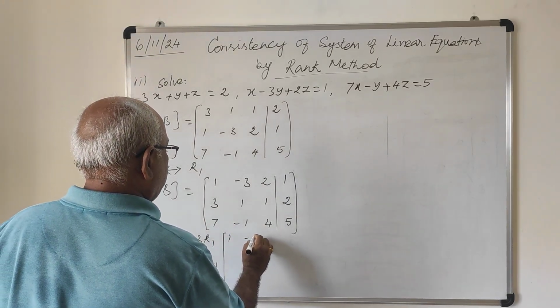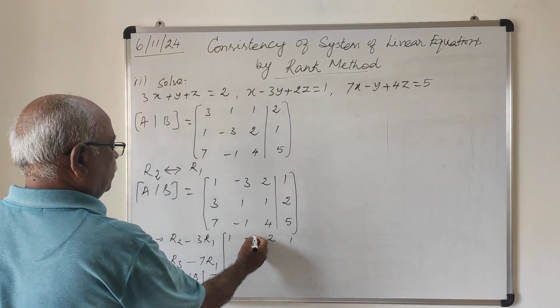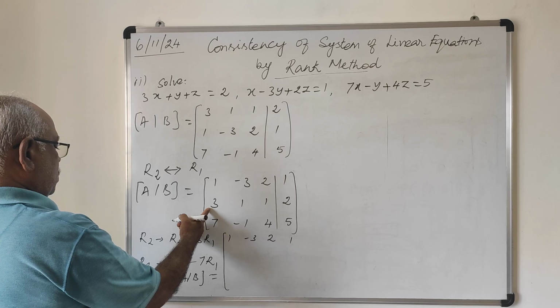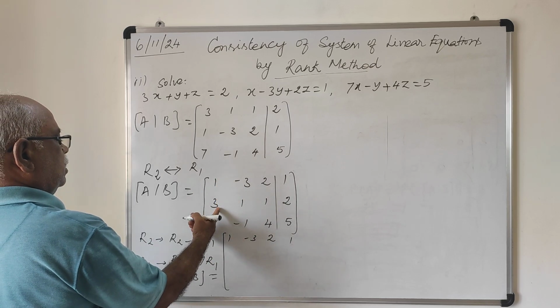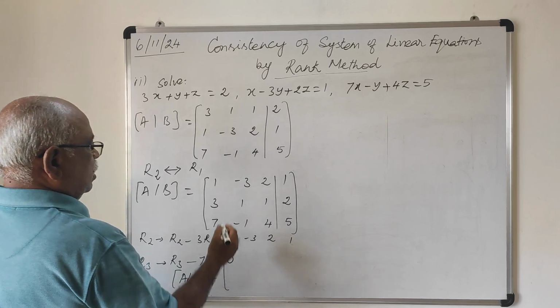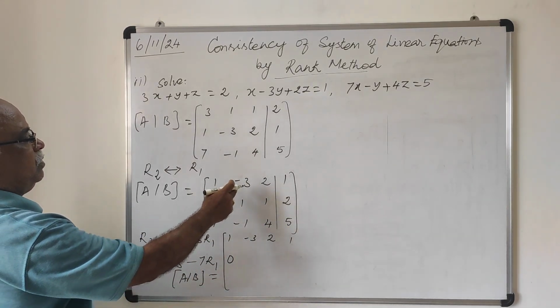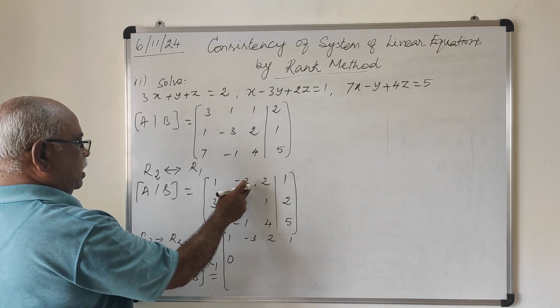1 minus 3, 2, 1 as it is. You write R2 minus 3R1. R2 is 3, 3R1 is 3, 3 minus 3, 0. R2 is 1, 3 times of 3 into 3 is 9.